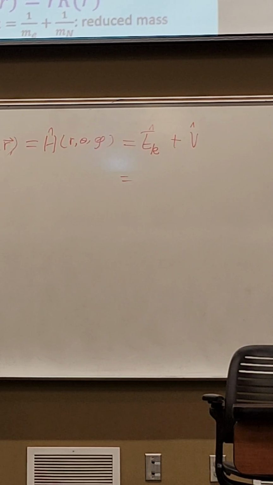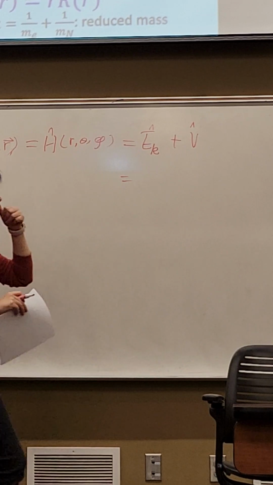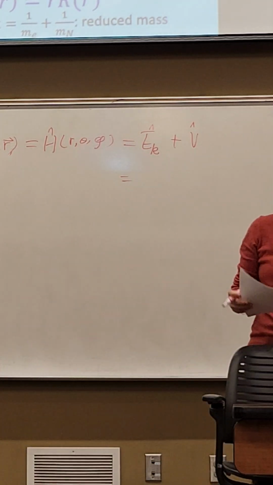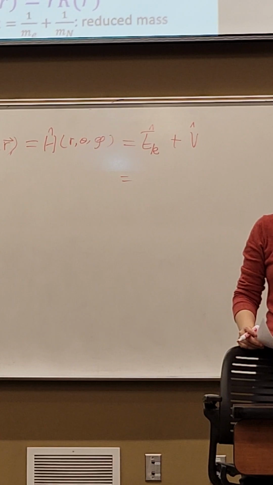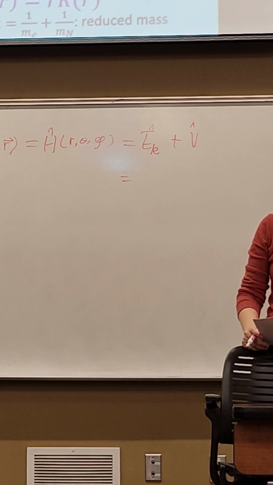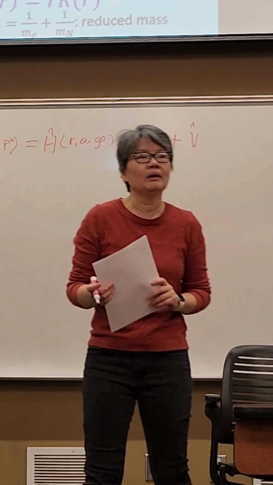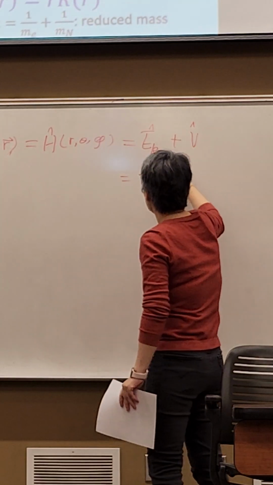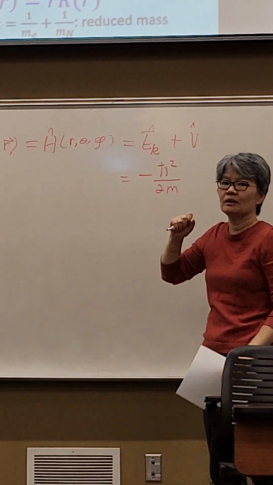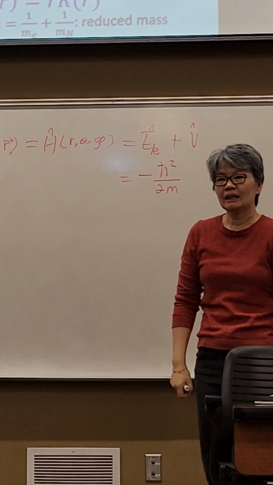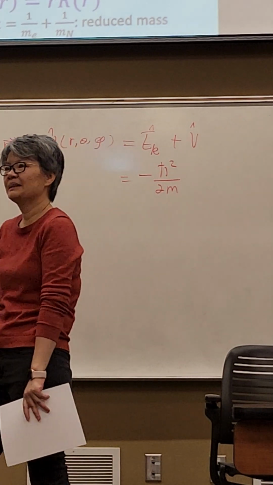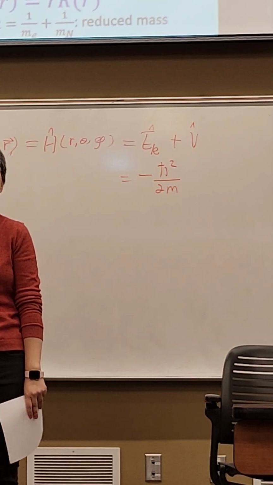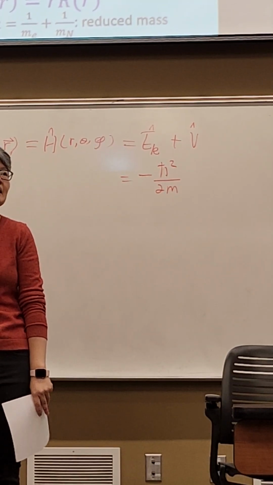The operator. Is it h bar over 2m? What is the kinetic energy operator? The kinetic energy operator is always the same, right? What is it? It's negative, with a constant, and then you have the second order derivative with respect to the motions in the axes that we're considering.